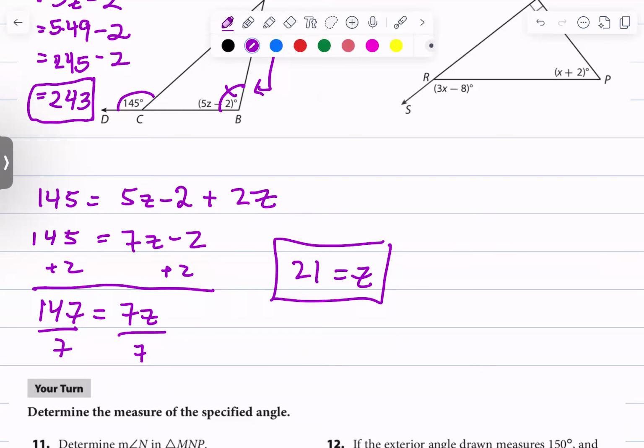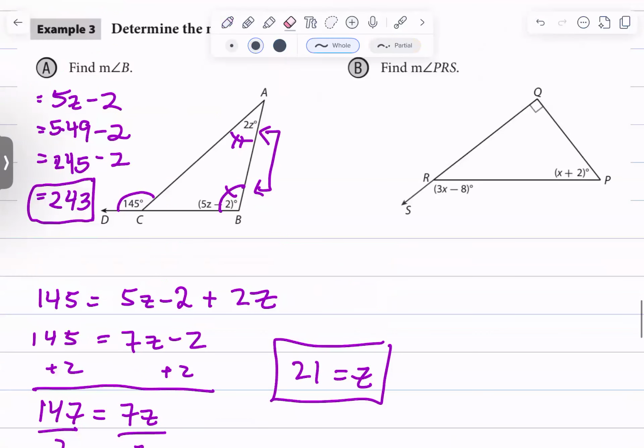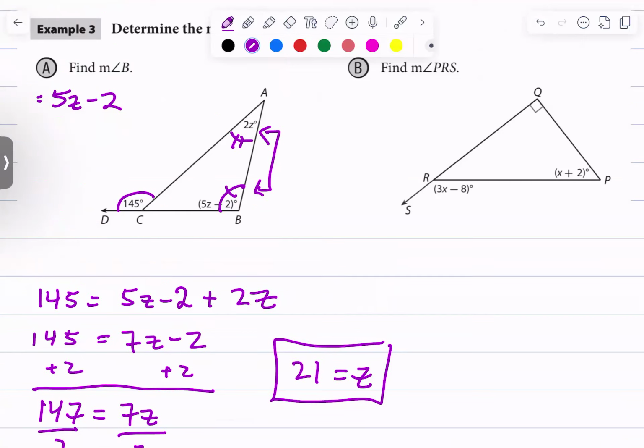So it changes up the answer, but you guys understand the process, right? So this would be 5 times 21 minus 2. 105 minus 2. 103. Okay.